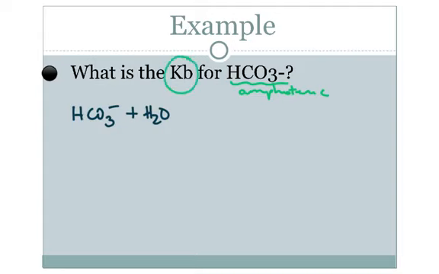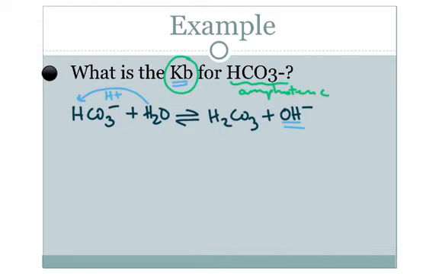But because I've asked for the Kb, I want you to make it act like a base, which means you have to put the H plus in this direction. Getting a little tricky here. When I do that, I get H2CO3 plus OH minus. I know I've done this correctly because I've got OH minus, and remember that Kb should have OH minus.